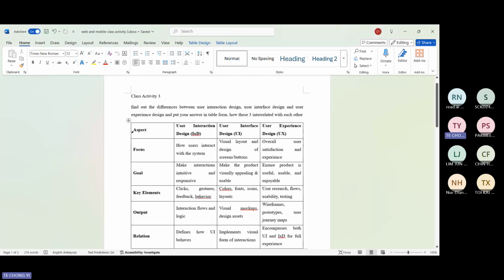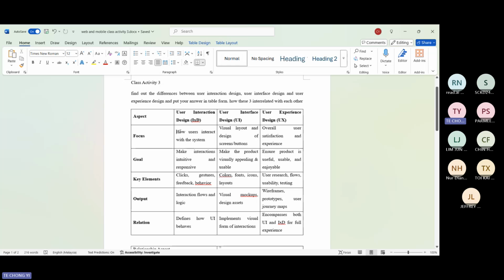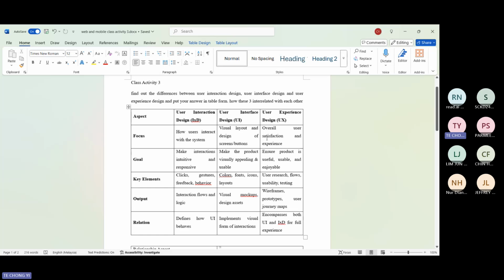The table compares the difference of user interaction design, user interface design, and user experience design. Basically, the main difference is that user interaction design is for how the user interacts with the system, user interface design is for the visual layout and design of screens and buttons, and user experience is the overall user satisfaction and experience.